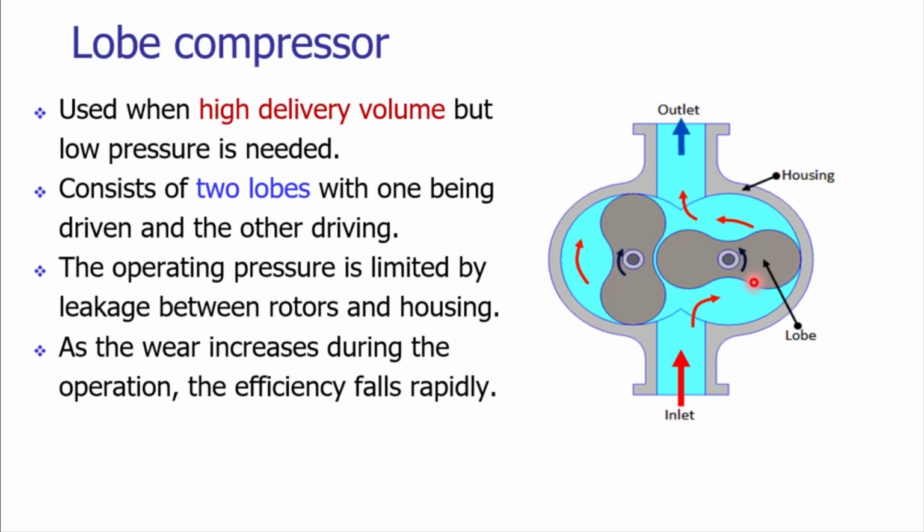The driving lobe is driven by an electric motor. When they are getting unmeshed, when they are getting disengaged, there is a creation of negative pressure, and due to that negative pressure, the gas or air which is at ambient pressure will get sucked inside the housing.